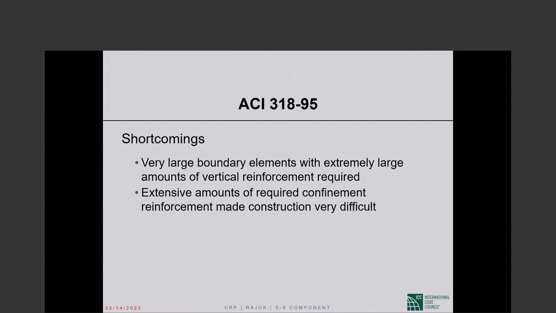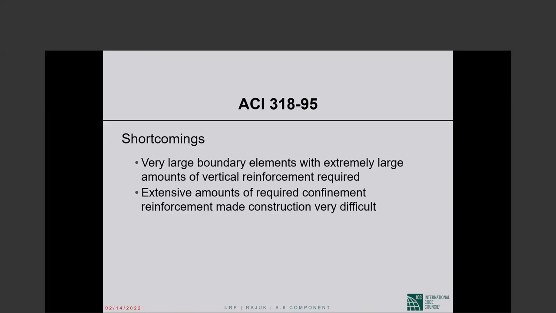What the story I told you so far, I think, is bad enough. But now it gets much worse when I tell you that these compression bars that you need to carry 1/2 of P sub U plus M sub U divided by L sub W prime, all these bars must be tied and cross-tied like column bars.